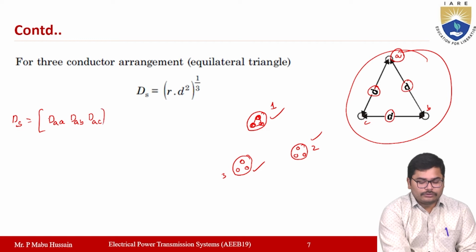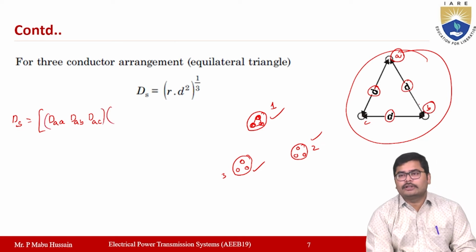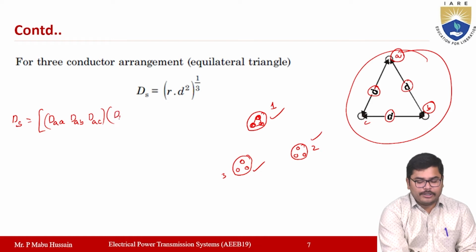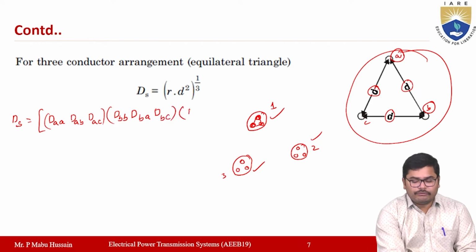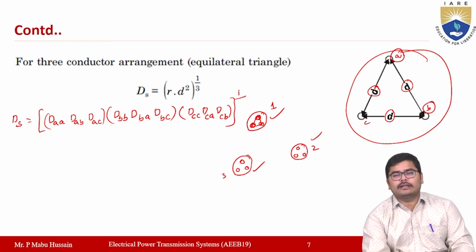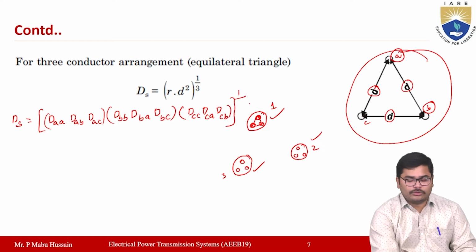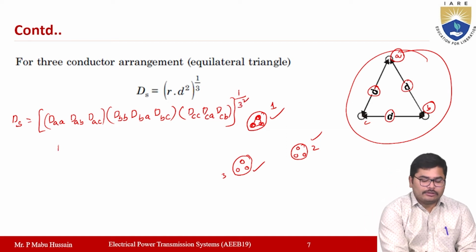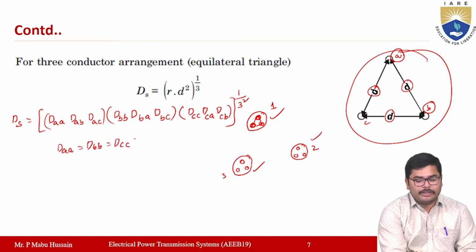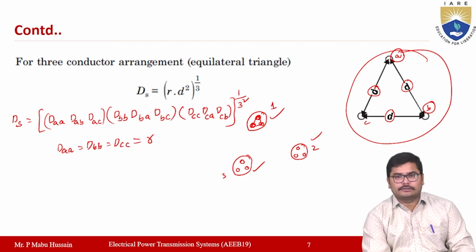Okay, now if you take the subconductor B here, then DBB self distance, DBA, DBC. Okay, then if you take the conductor C, DCC, DCA, DCB, you have whole to the power of 1 by how many subconductors are there? There are three subconductors, so 3 squared you will get. Okay, again here also the self distances DAA, DBB and DCC will be equal to the radius of the conductors, right?